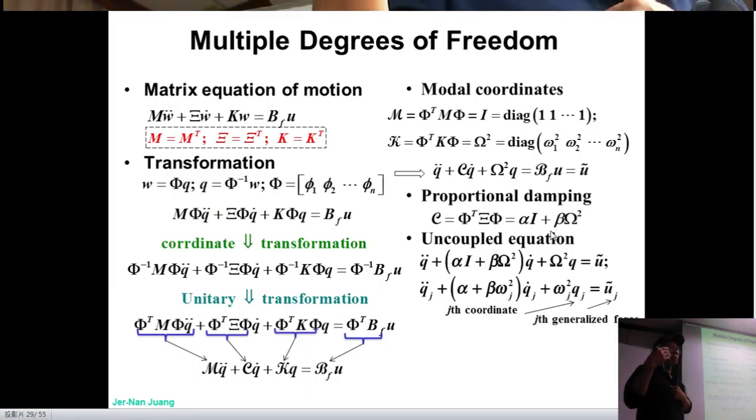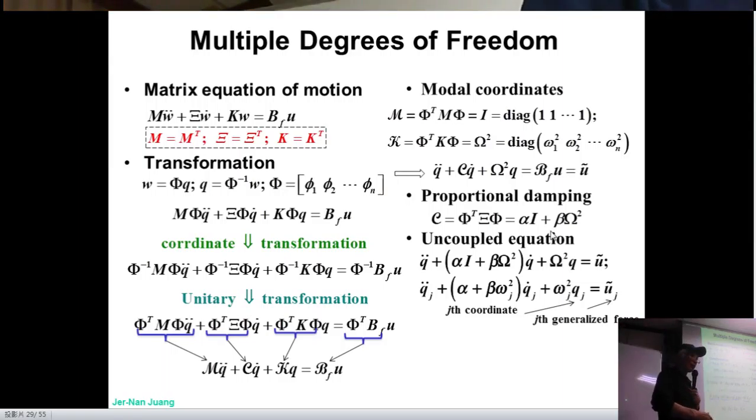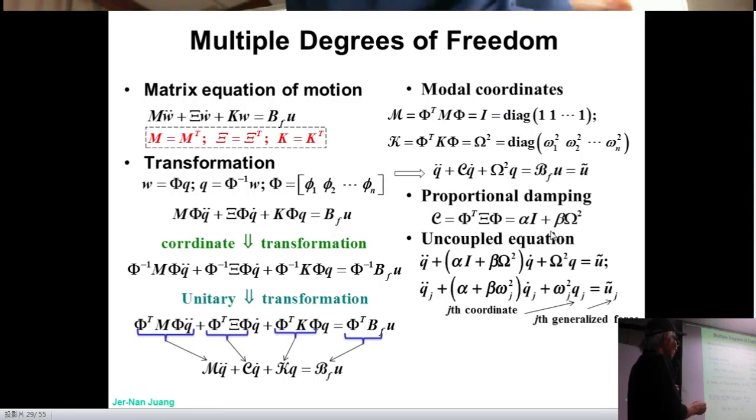What do we mean by modal coordinates? It's simply a transformation from the physical coordinate to the eigenvalue space, so that we can see our eigenvalues there, we can see our mode shapes there. I will give you an example later to show what I mean. So the modal coordinate means the coordinate in the eigenvalue space.